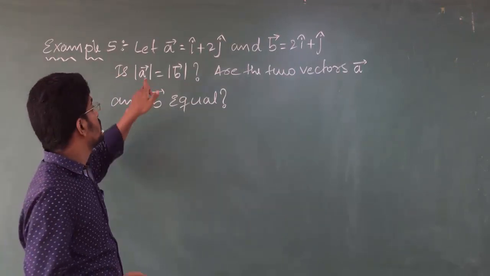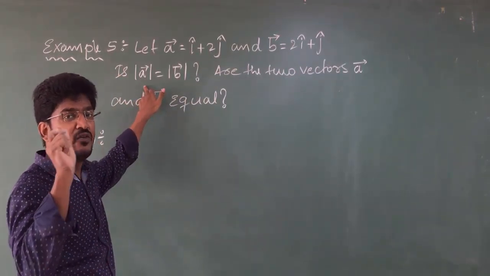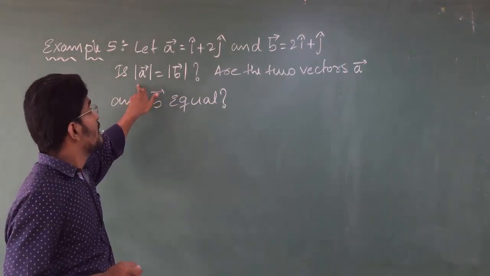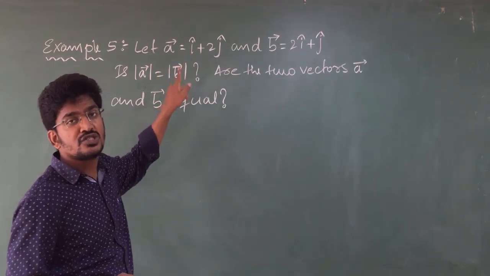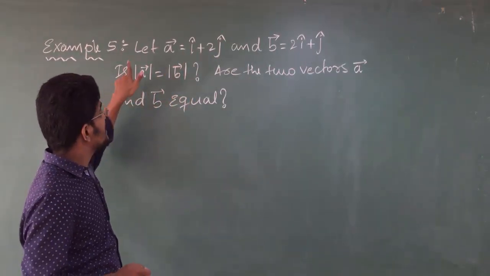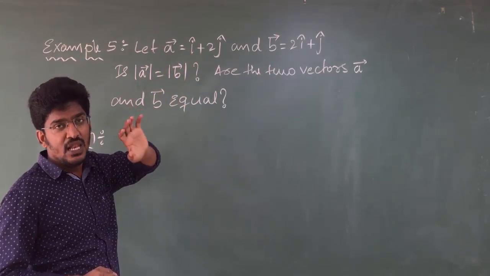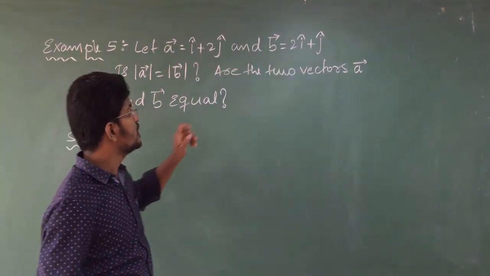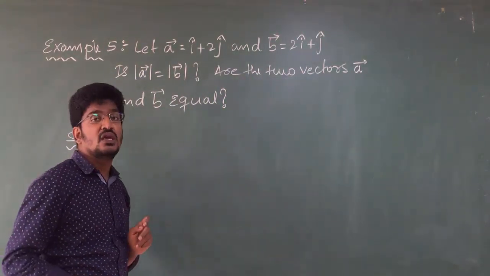Please remember, the notation of mod is nothing but magnitude. Magnitude is nothing but the length of the vector. So is magnitude of vector a equal to magnitude of vector b? That is the first question. Next question is, are the two vectors, vector a and vector b, equal?